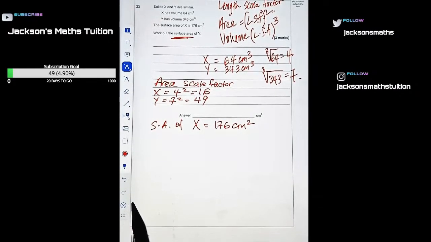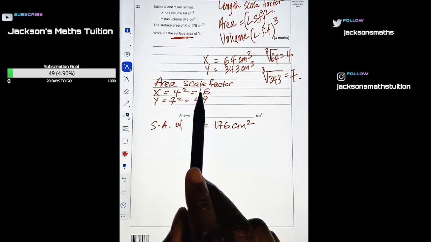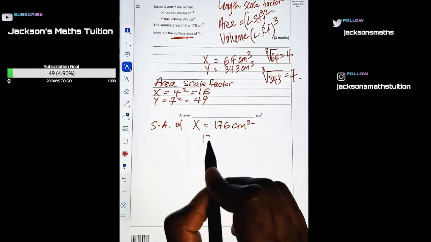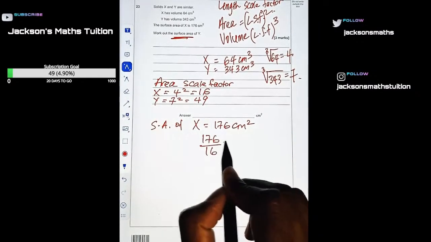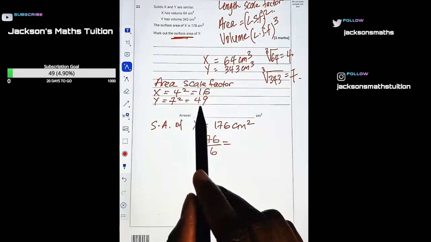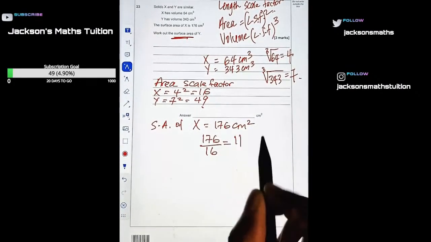Now, in order to do that, this 176 here, we're going to have to divide it by this 16 here, which is the scale factor. So we're going to do 176 divided by 16, and the answer you get, you're going to times that by the scale factor here for Y, which is 49. So that gives us 11.